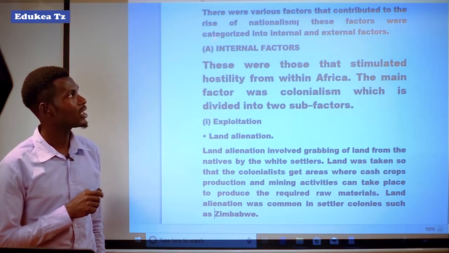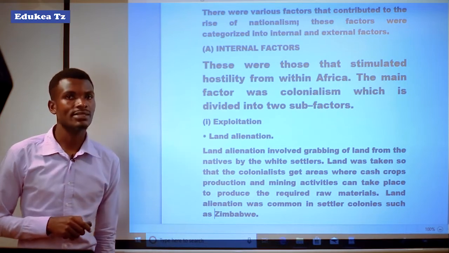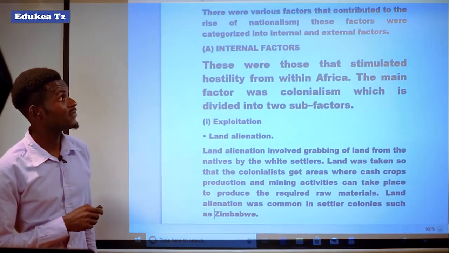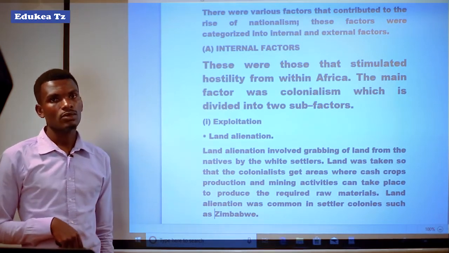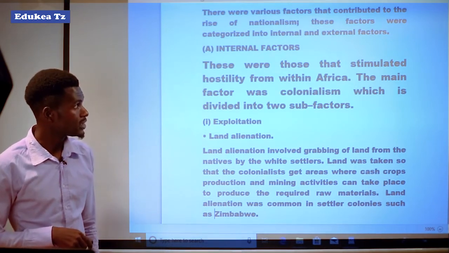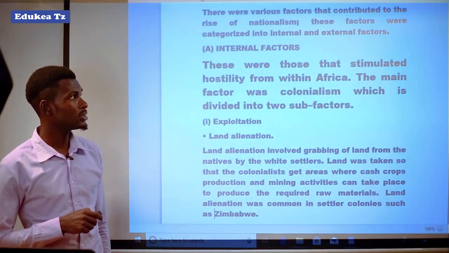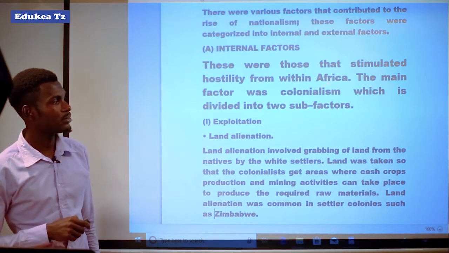These factors were categorized into two: internal and external factors. Starting with internal factors, we are going to look at the different factors that internally led to the rise of African nationalism. Internal factors were those that stimulated hostility from within Africa.